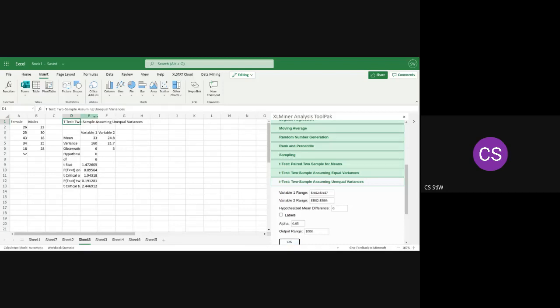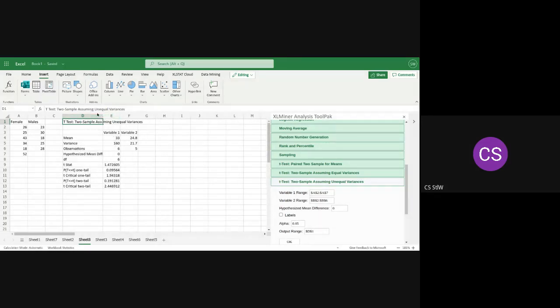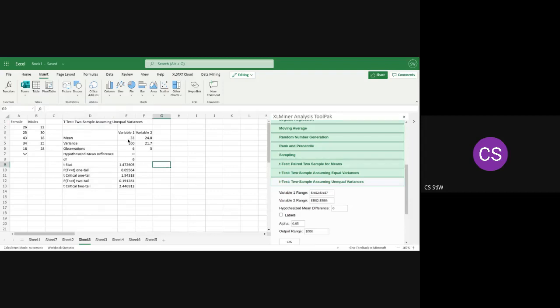Yeah, so here is our value. Let me just increase that so we can see everything that is happening with our data set. We can see that our means are 33 and 24.8, and our variances are 160 and 21.7.